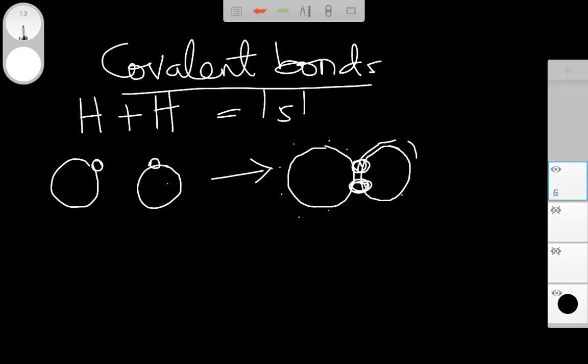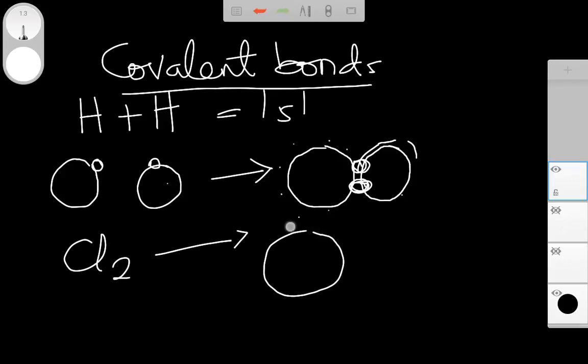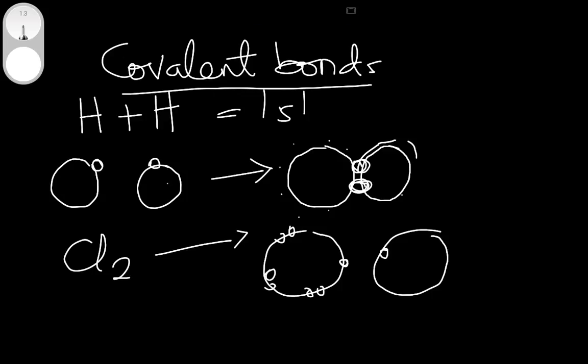Another example is chlorine, Cl2. We have 7 electrons here in the outermost orbit, then we have another chlorine with 7, 1, 2, 3, 4, 5, 6, so 7.